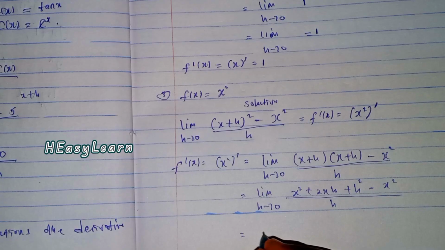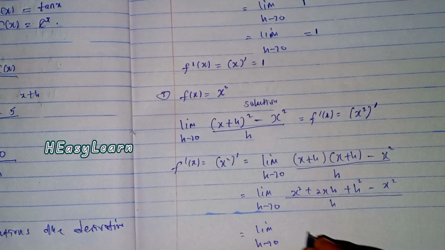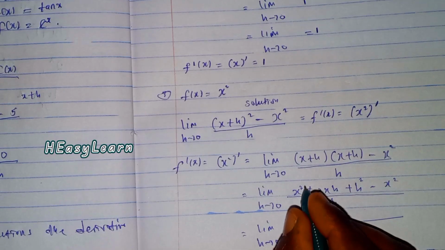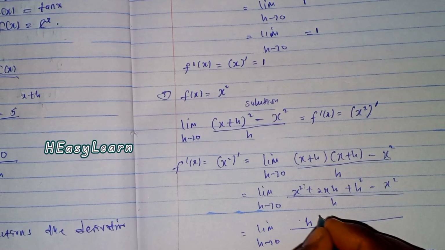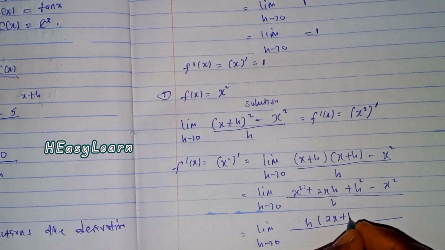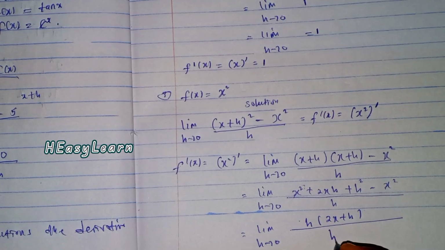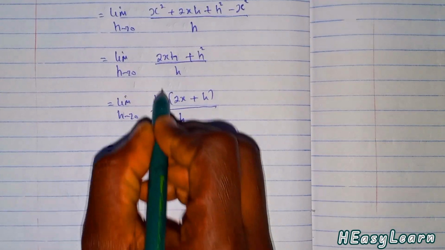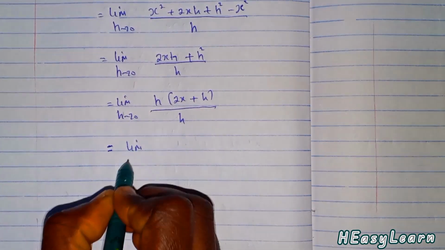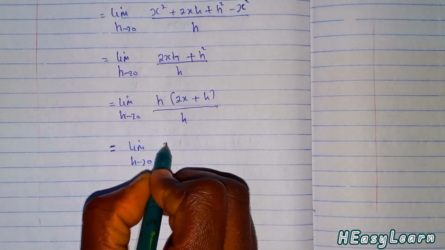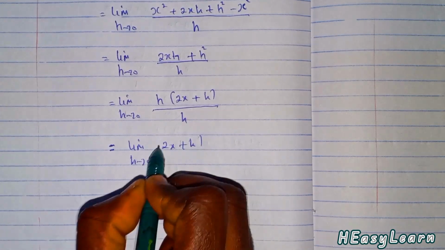This is the same thing as the limit as h approaches 0 where x squared goes away with minus x squared. Factor h out: h times 2x plus h over h. The h will cancel h. The limit as h approaches 0 of 2x plus h.